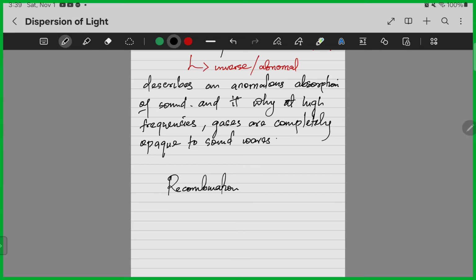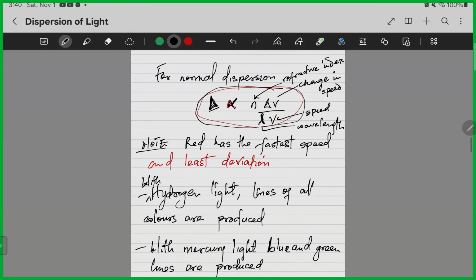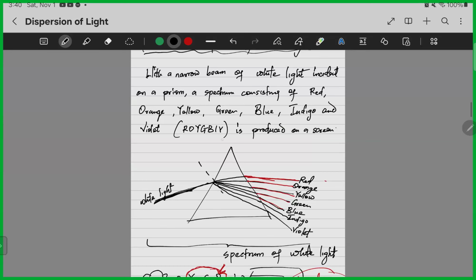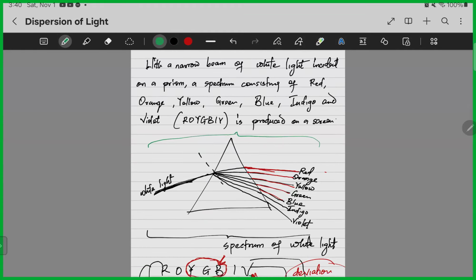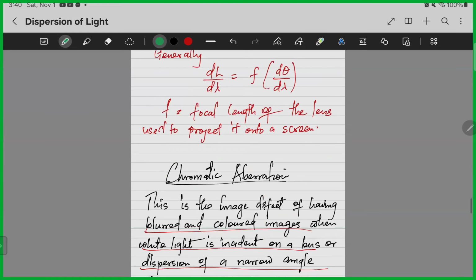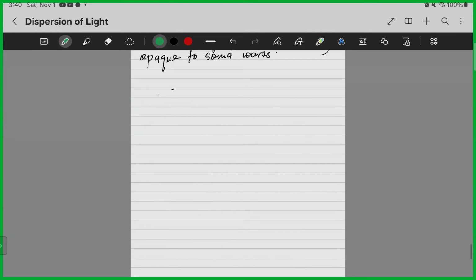Let's now talk about something called the pure spectrum. That's quite different. We'll call this subheading the production of pure spectrum, and I will write a lot of notes here.